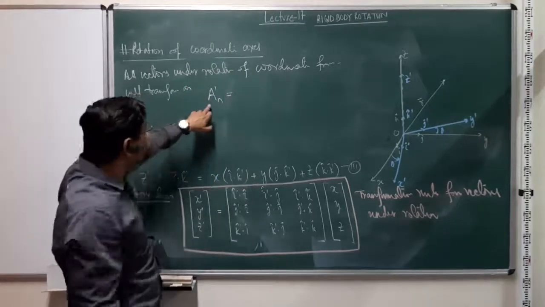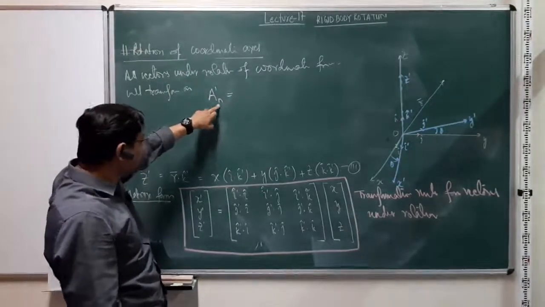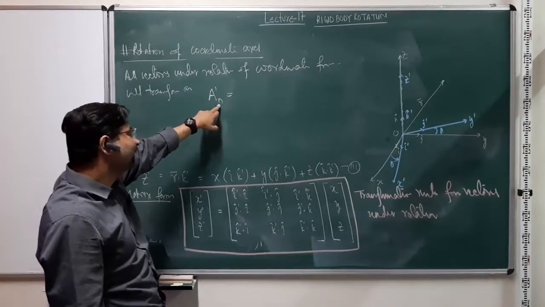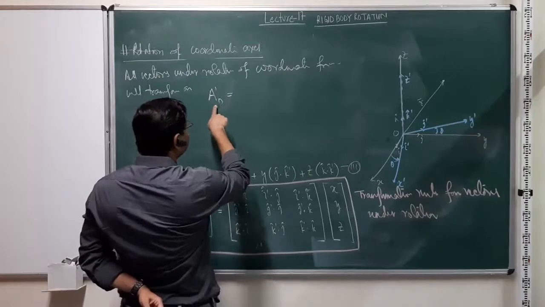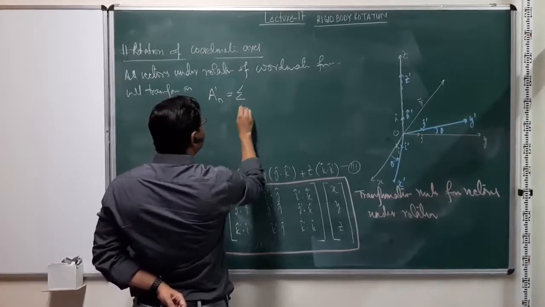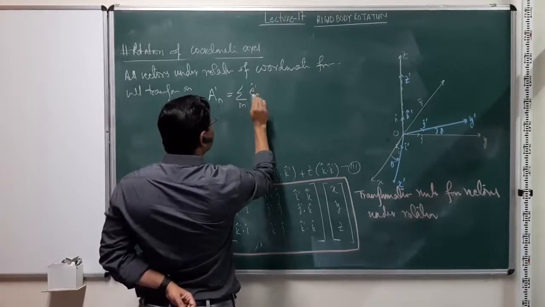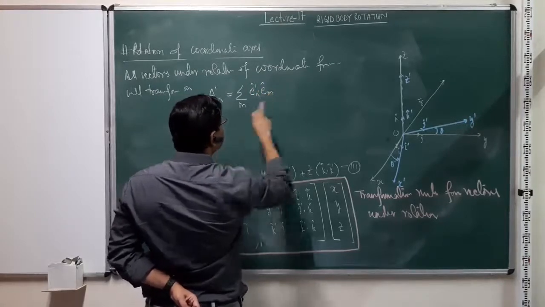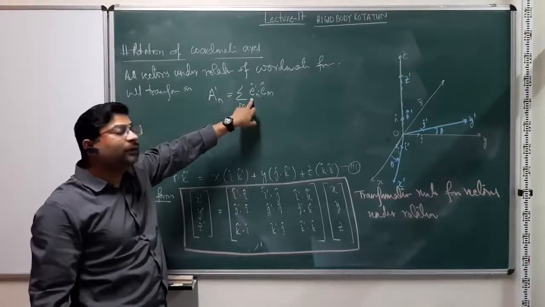So this is the component where n will be x, y, z, or 1, 2, 3, doesn't matter what kind of indices we use. But in three-dimensional space, the index will run from 1 to 3, right? So a prime n, so that's the component in the rotated frame, is sum over m e cap prime n dot e cap m, where e n and e m caps are the unit vectors.